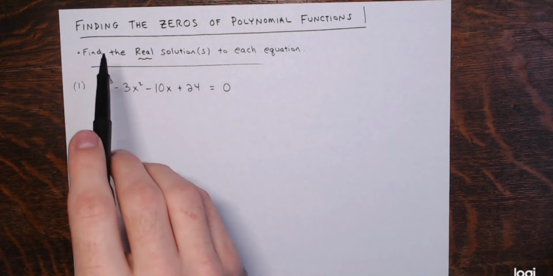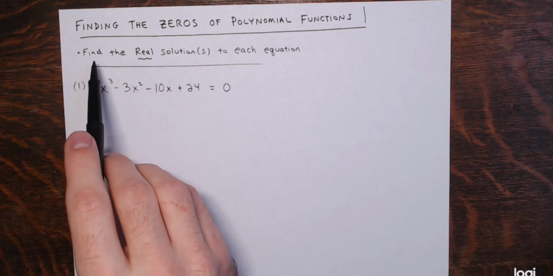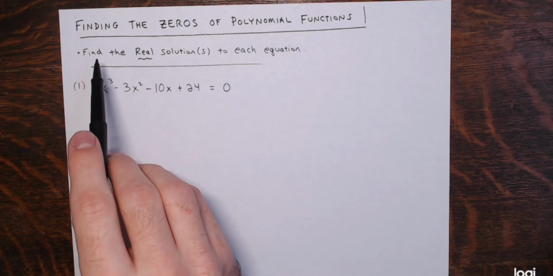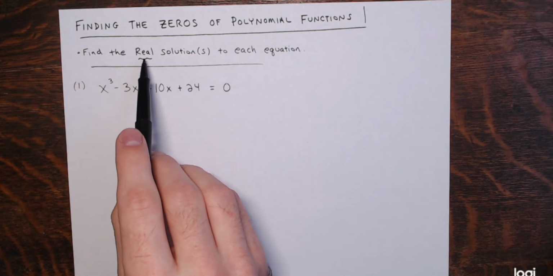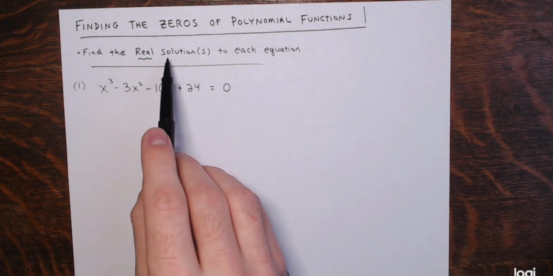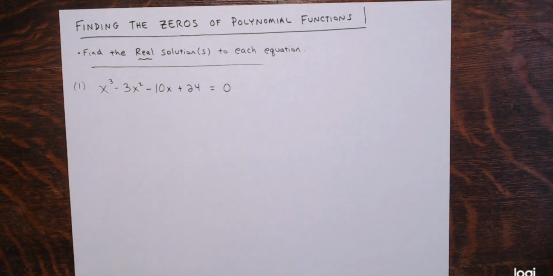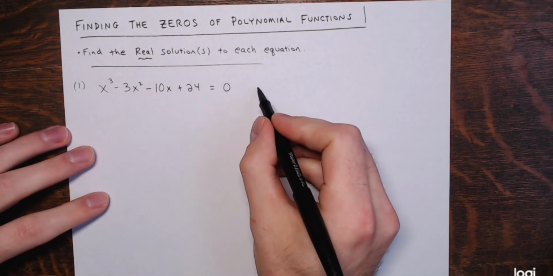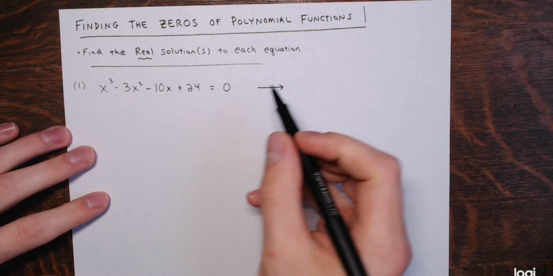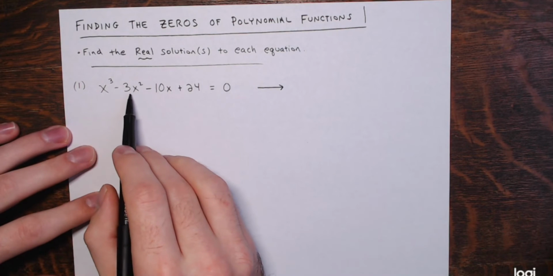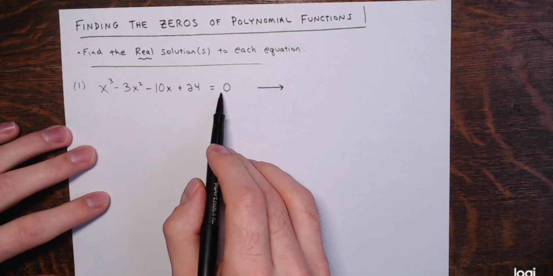So in the first example I've written, we're asked to find the real zeros of a function, the real solutions of an equation. Solve x cubed minus 3x squared minus 10x plus 24 equals 0.